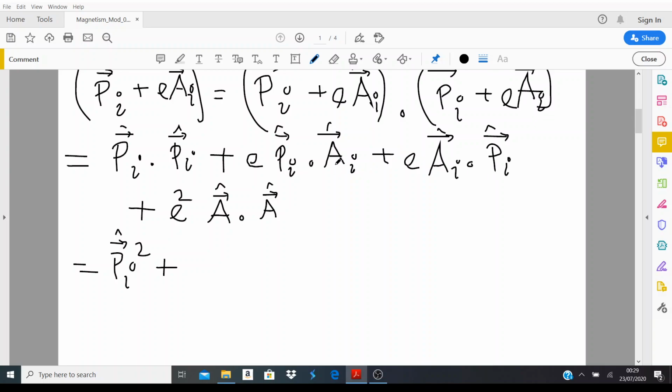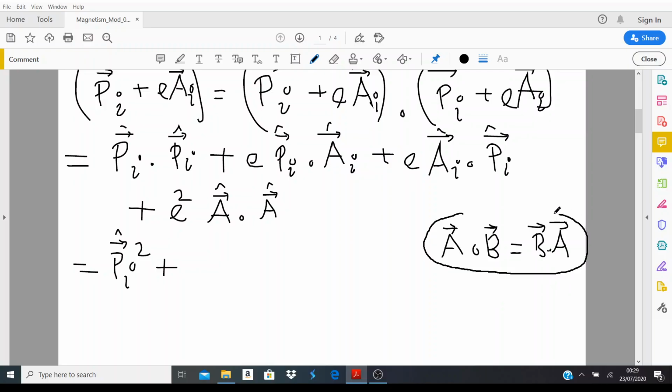If they are equal, we can just add them. But recall, in ordinary vector calculus, we know for sure vector A dot B is equal to B dot A, right? No problem of ordering because these are ordinary vectors. But here they are vectors but vector operators, so you have to be careful.